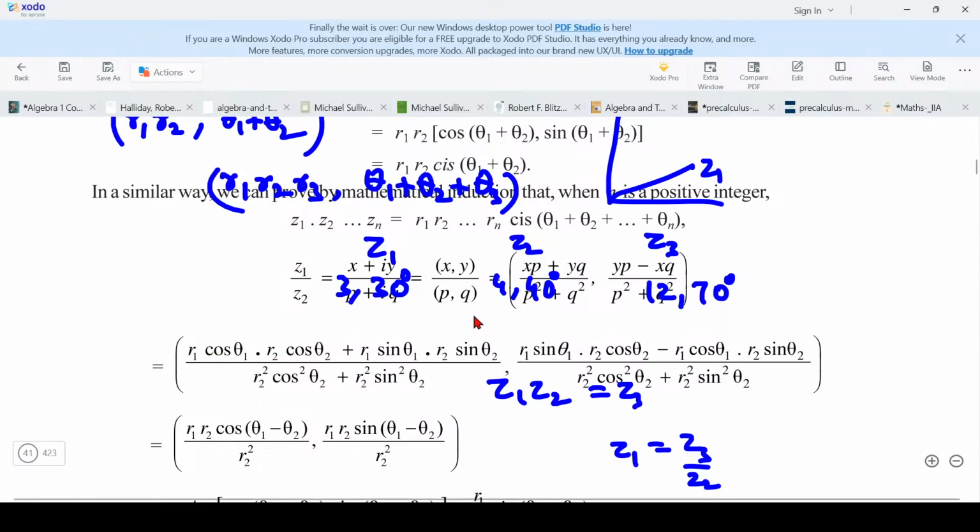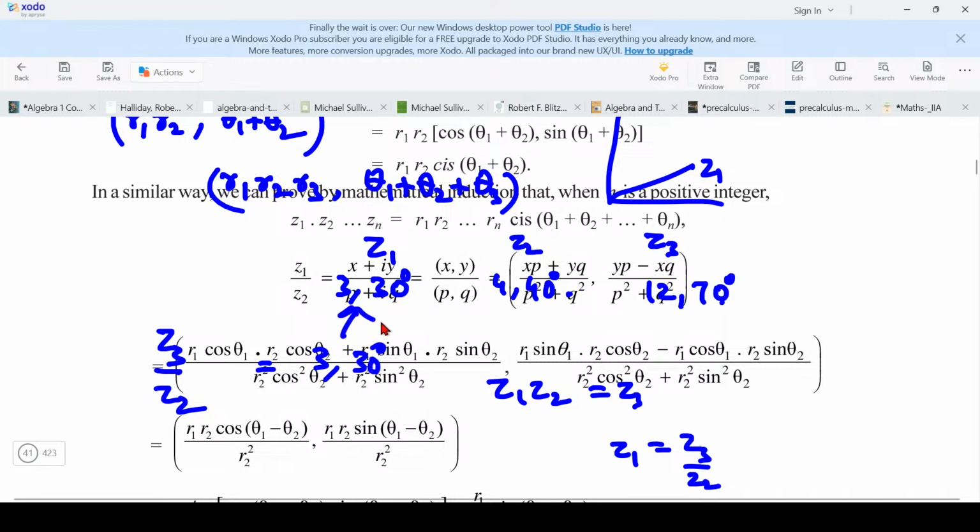Yes, sir. So what does that mean? If you are dividing a complex number by some other complex number, the magnitudes will get divided. For example, we want to do Z3 by Z2. First we will do 12 by 4, which is equal to 3. And angles will subtract: 70 minus 40, which is equal to 30.